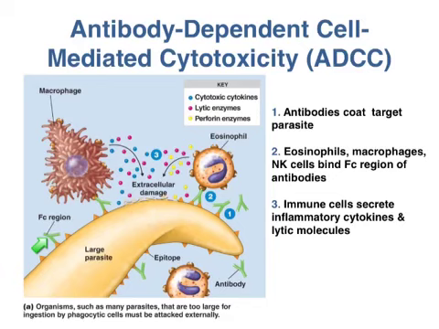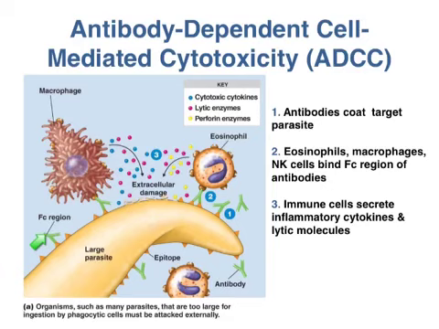And various cells, eosinophils, macrophages, and NK cells can come in, recognize that Fc region. And that acts like a trigger for them to release all of their worst damaging enzymes.